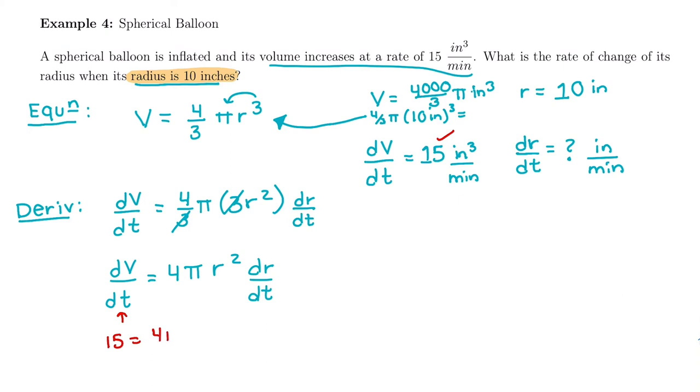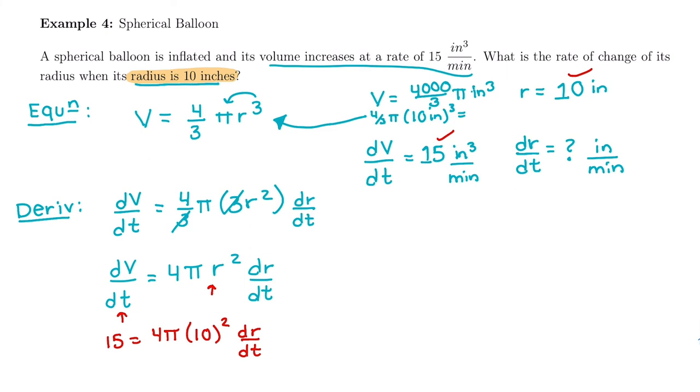Then we have 4 pi, and then we need to take r from above, which was 10, and plug it in. That was 10 inches getting squared, so we plugged in r. And we're trying to find dr dt, so naturally we don't have a number to plug in for that one. But I can do 10 squared and multiply that by 4 pi.